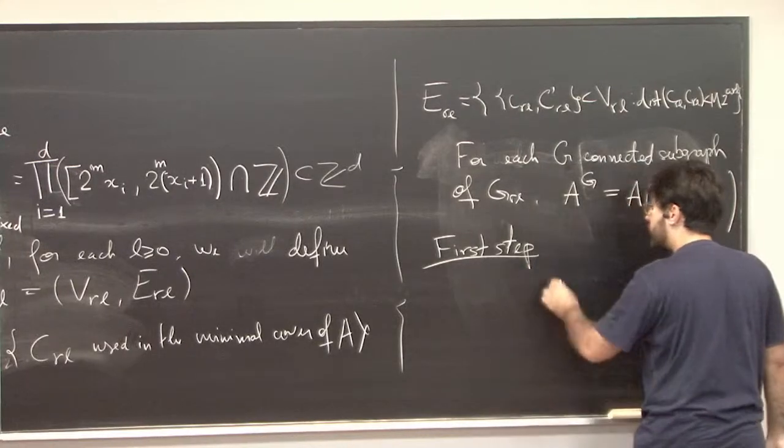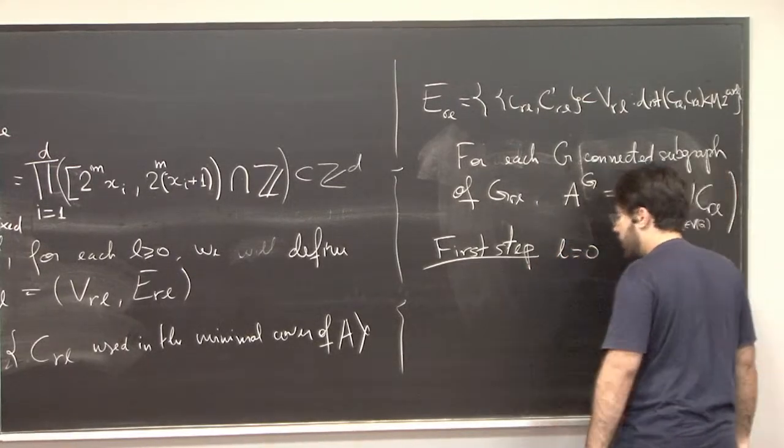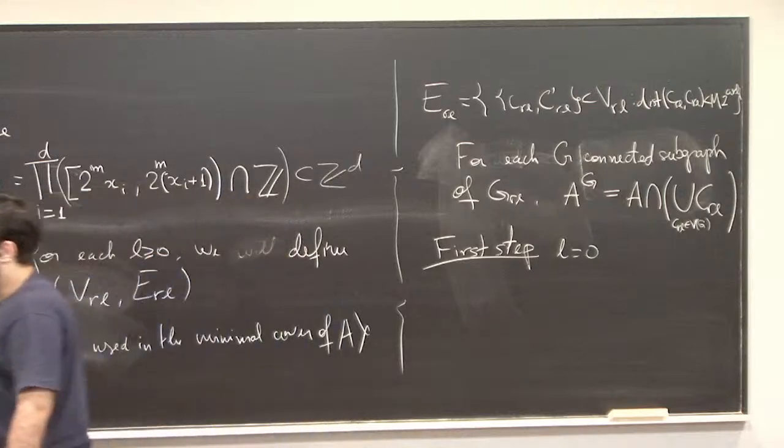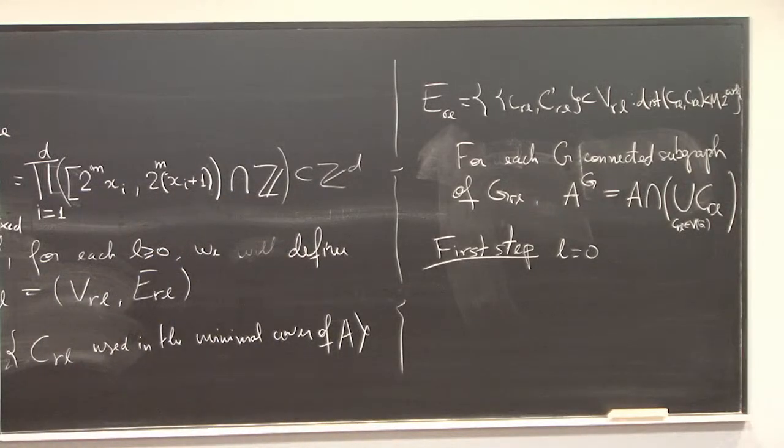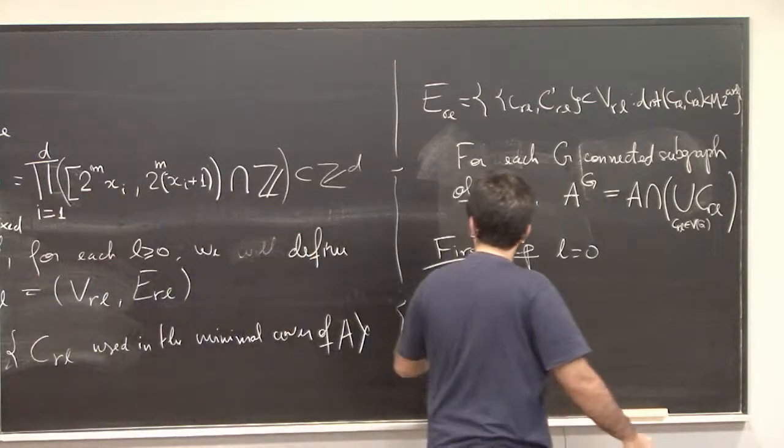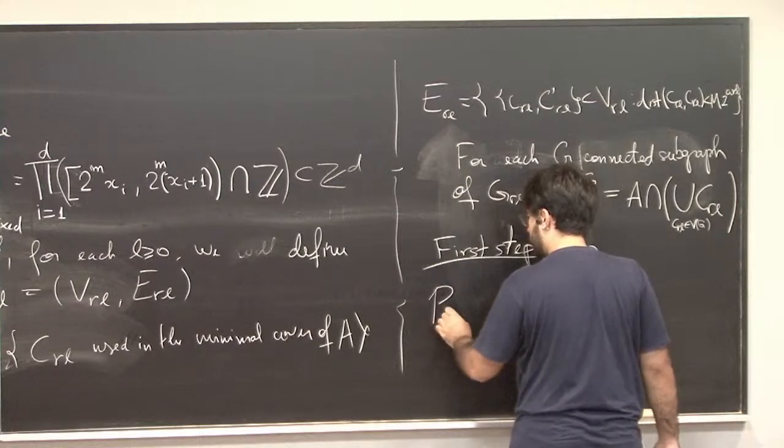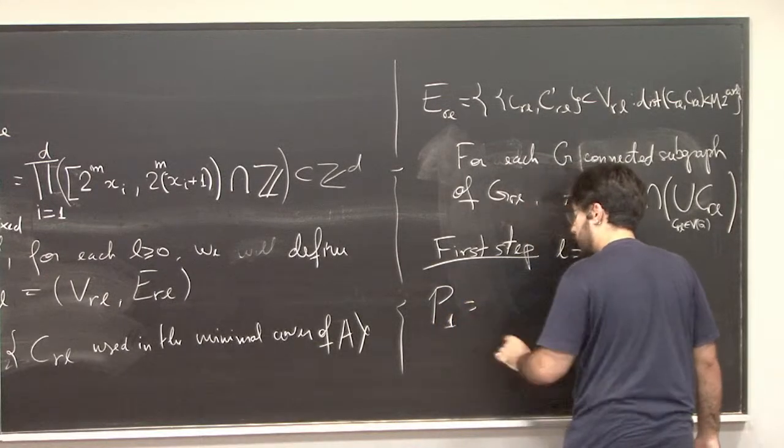Now we are ready to make the first step. You look at the scale L equals 0, and you define a subset P_1, for the first step.